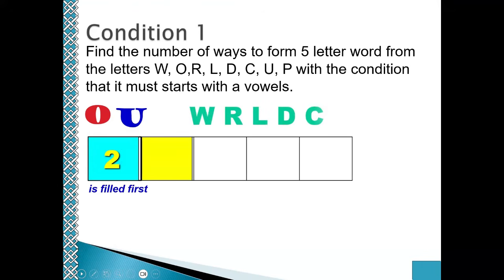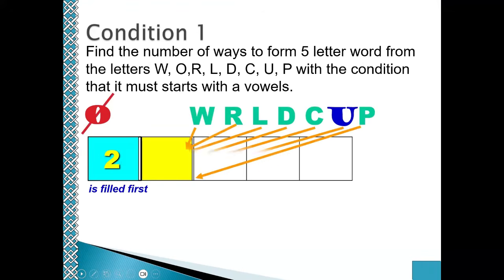But definitely I can't have 2 letters in one blank. So if I am going with O, U is still available for me to fill up the other places.